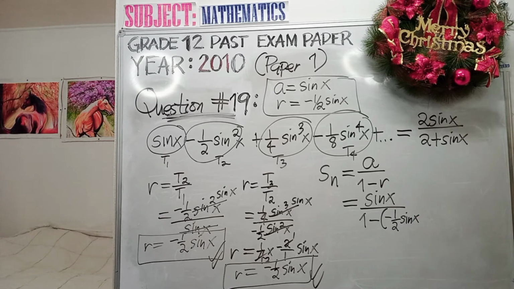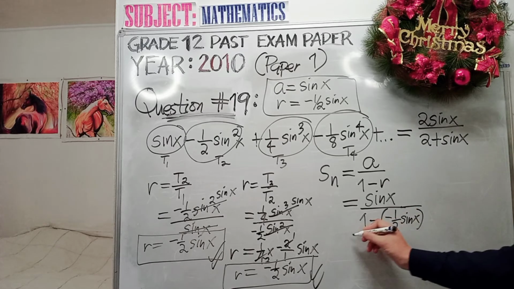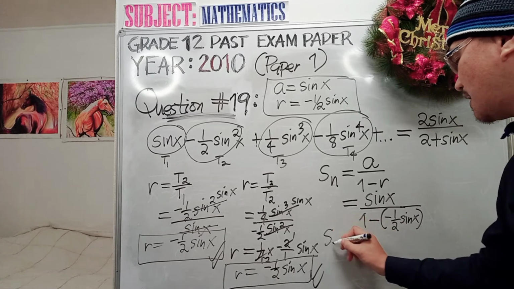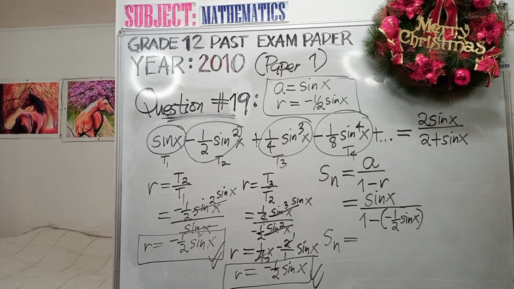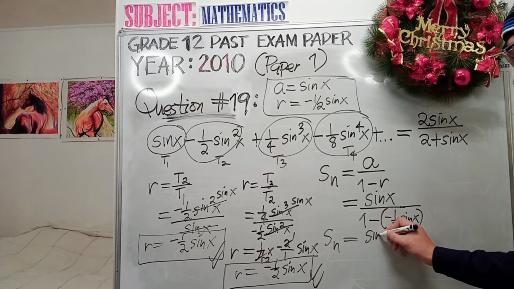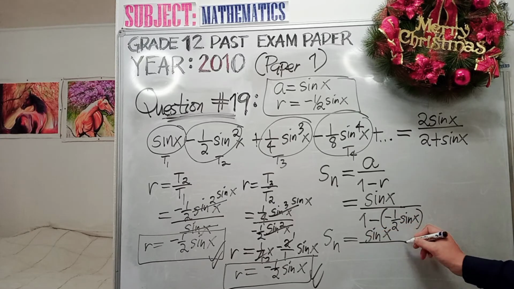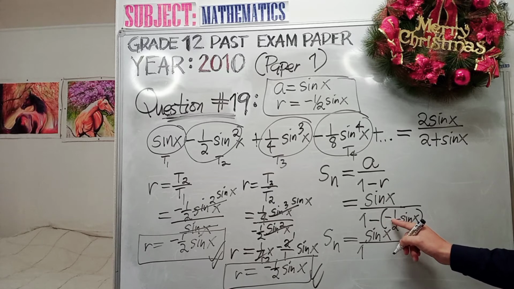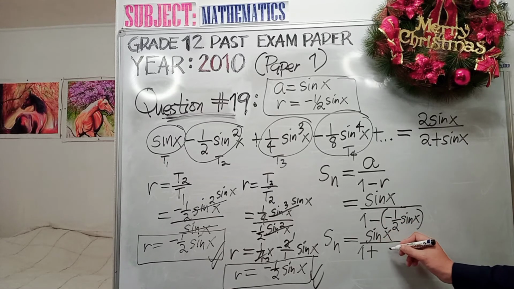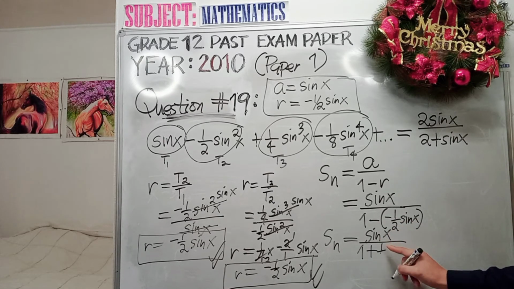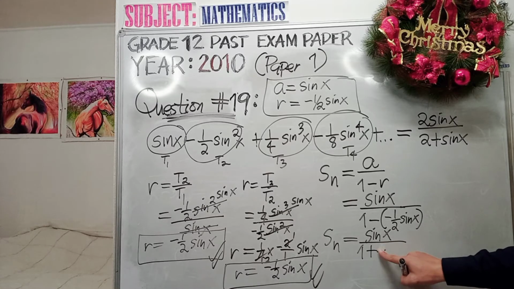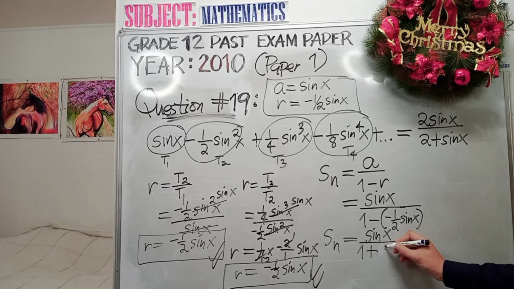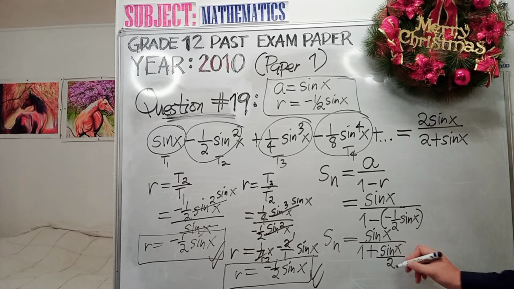And then the sum of the n terms is sine x divided by 1, negative times negative is positive 1/2. You can write it down like this to make it easy for you: sine x all over 2.